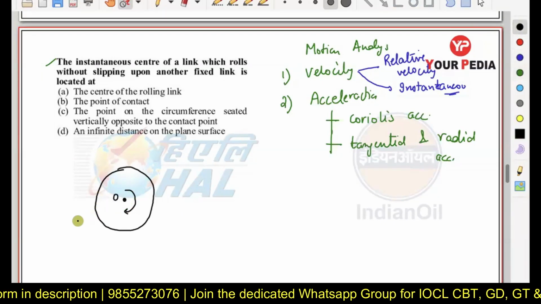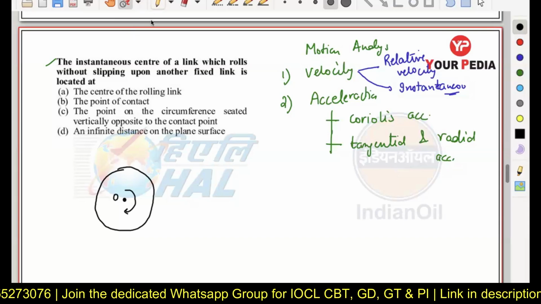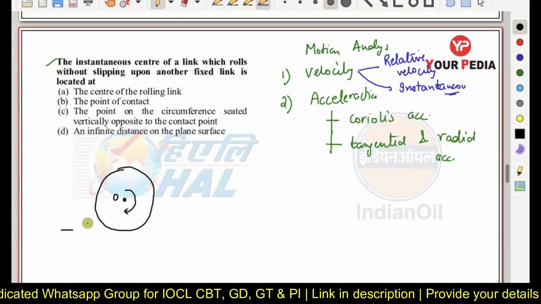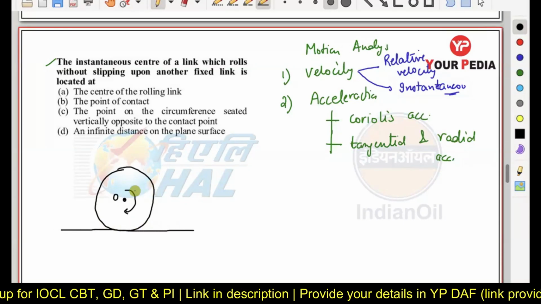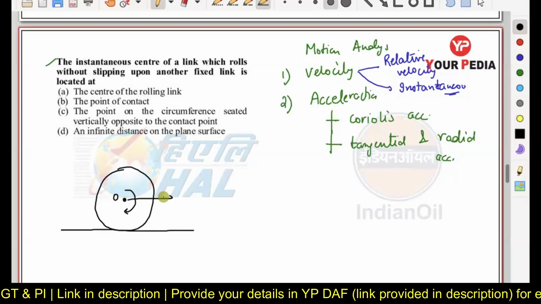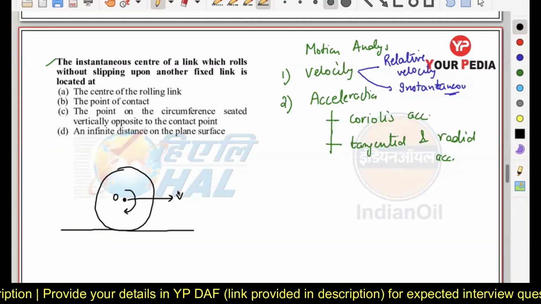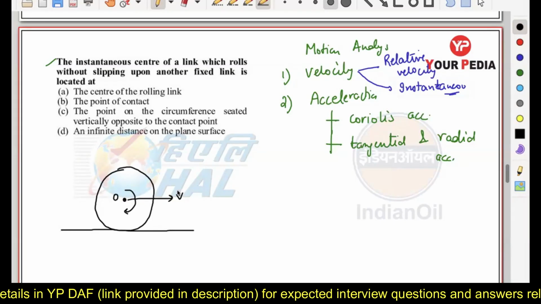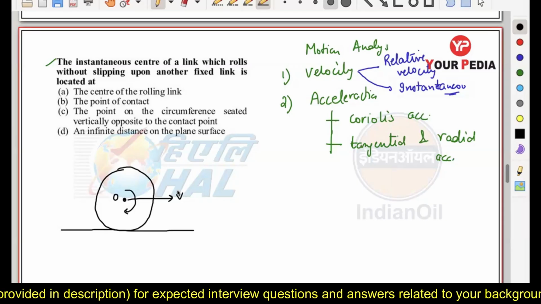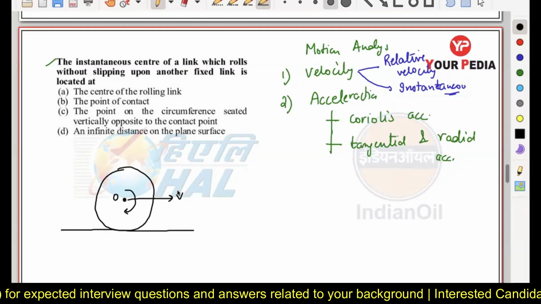But let us say this wheel is rotating, and along with that it is also translating on a flat surface. At that point of time, where are you going to observe the instantaneous center? Now the answer will change.